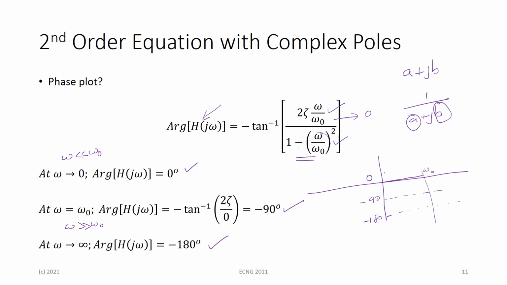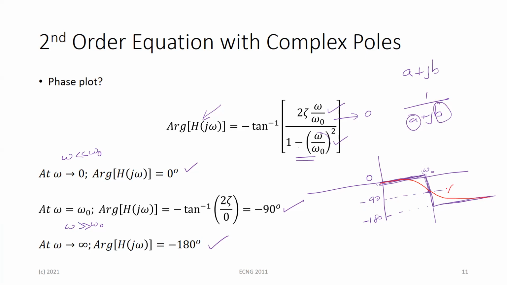At the resonant frequency it is minus 90, and as you get much bigger than omega 0, it goes to minus 180. So the straight line plot would look like this. This is the phase plot. The actual behavior, of course, nothing changes suddenly, so it would be something like this. It passes through minus 90 and then heads on to minus 180. All right?